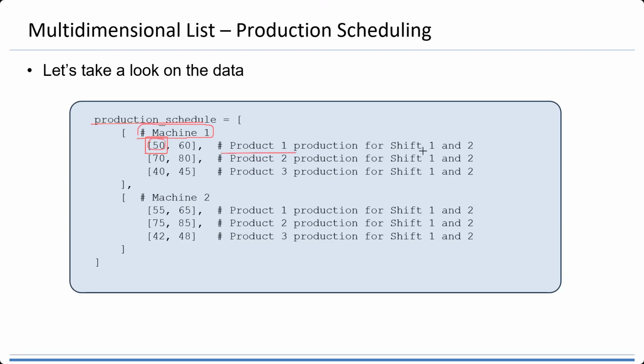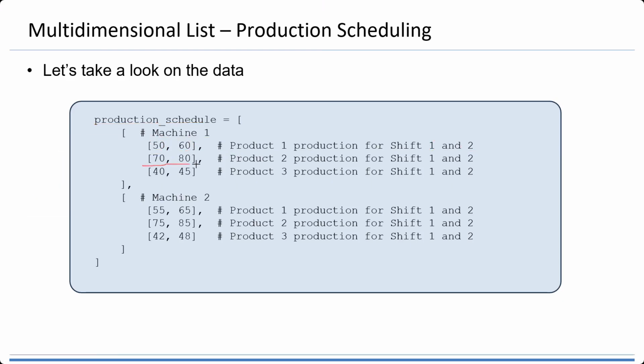For shift 1, let's make the schedule 50 products. So in shift 1, you need to produce 50 products of product 1. In shift 2, you need to produce 60 products on machine 1.